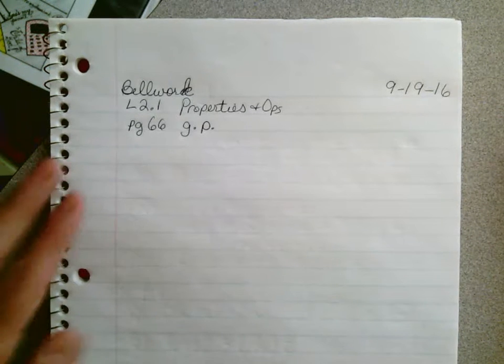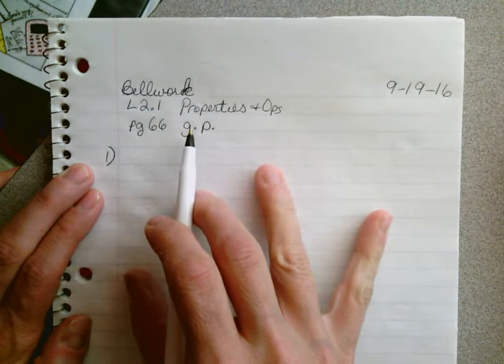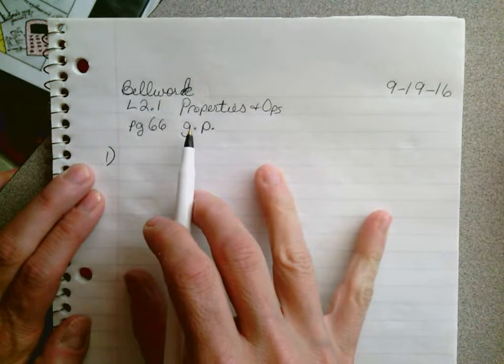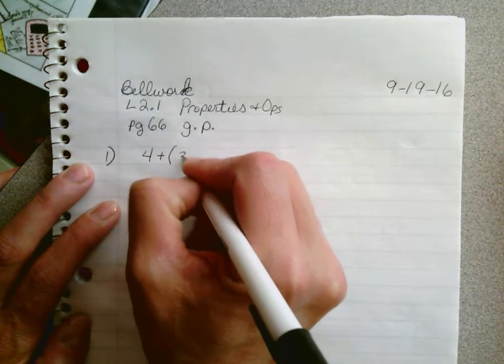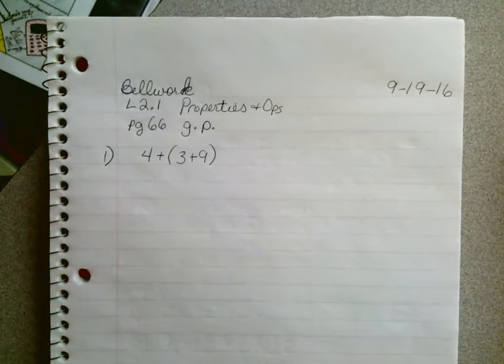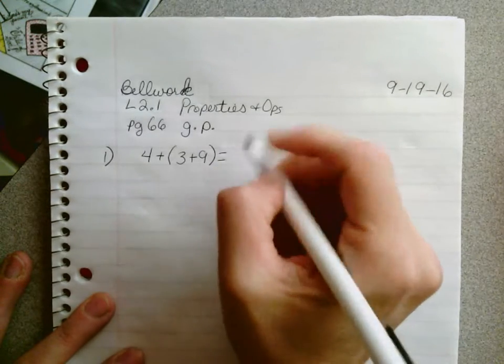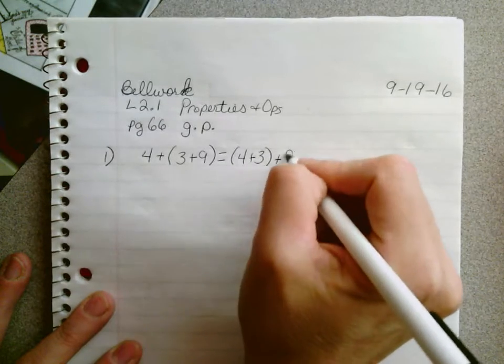So the guided practice, starting with, and again, this is bell work, I'm going to write it up. Guided practice says, what allows you to say that if this is what you're given, then we are also able to do this and still be correct?